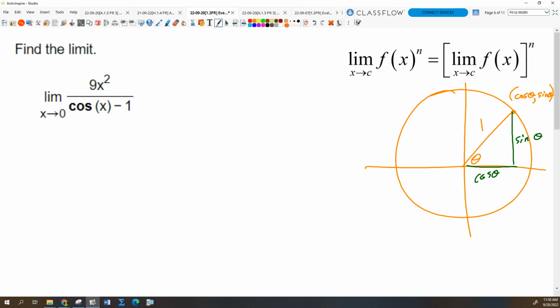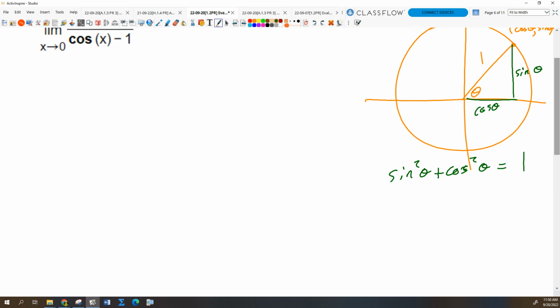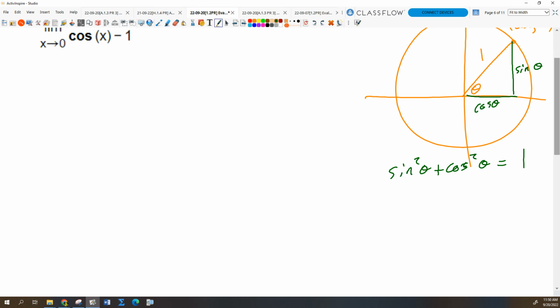So there's our Pythagorean identity. We're pretty darn close to it, right? This Pythagorean identity doesn't really do it by itself. It just relates sine squared to cosine squared, is what it does, right?